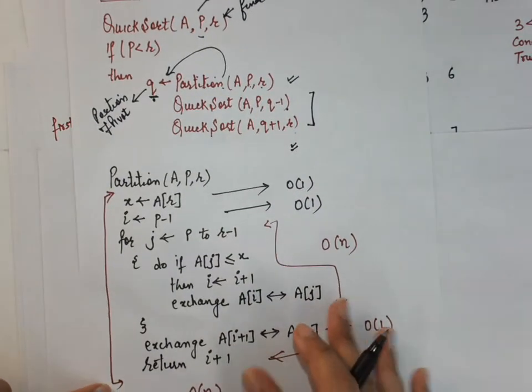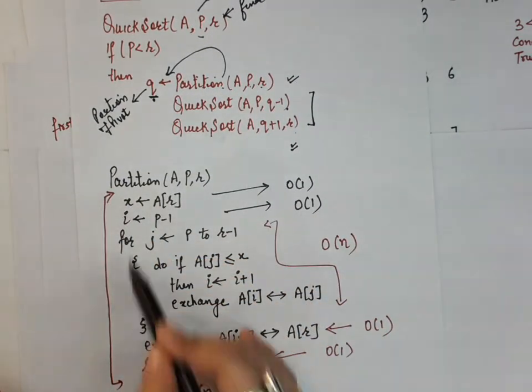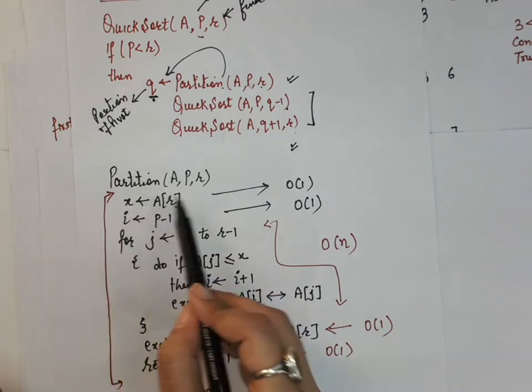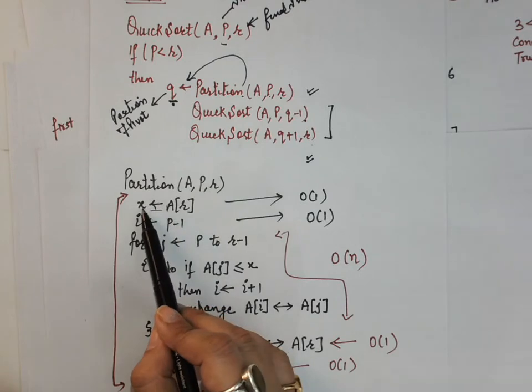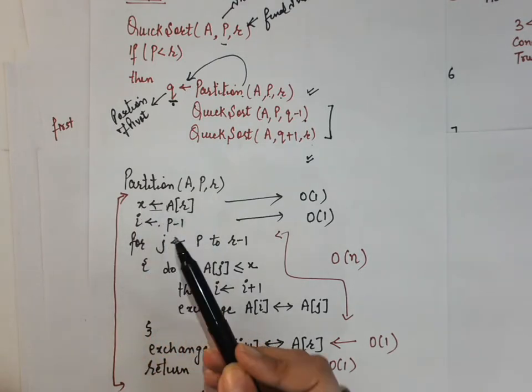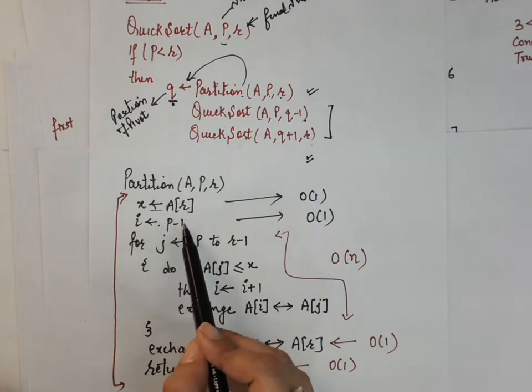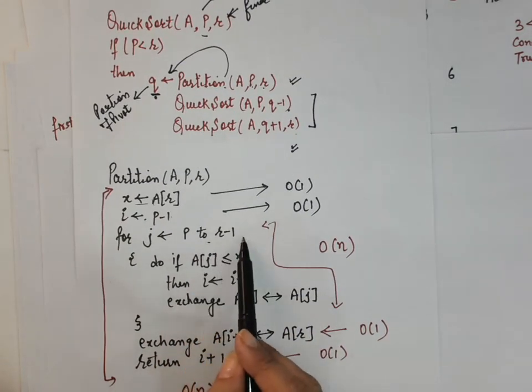Now we see how the partitioning algorithm will work. We have already implemented this with the help of an example. We have stored the value of the pivot element into a variable x, and initialized i to initial index minus 1. We have run a loop from p to r minus 1.